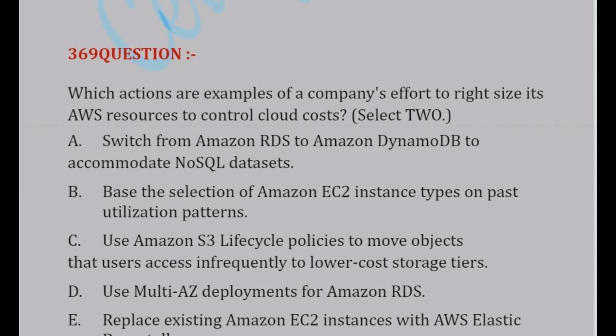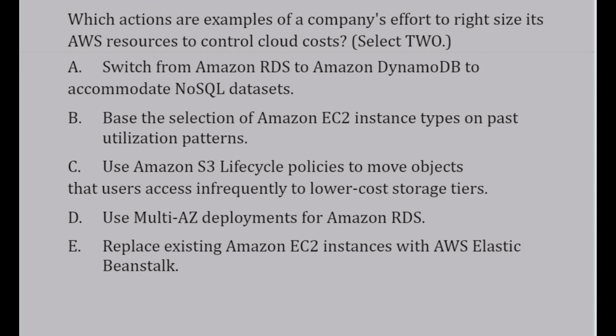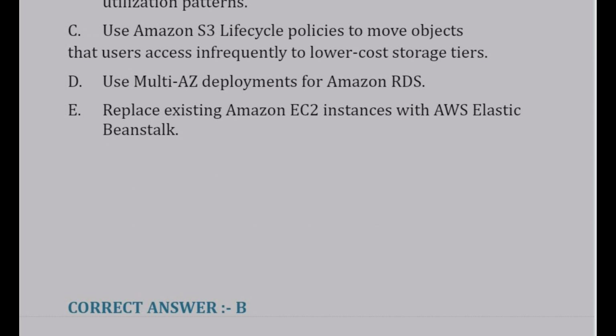Option C, use Amazon S3 lifecycle policies to move objects that users access infrequently to lower cost storage tiers. Option D, use multi-AZ deployments for Amazon RDS. Option E, replace existing Amazon EC2 instances with AWS Elastic Beanstalk. Correct answer is option B.